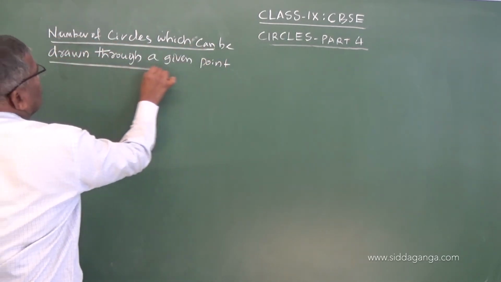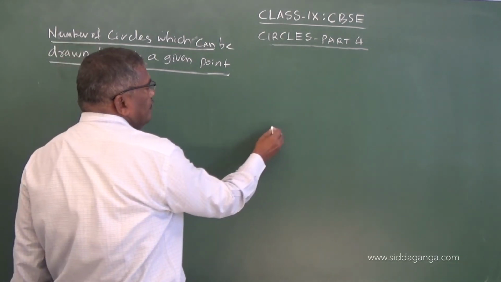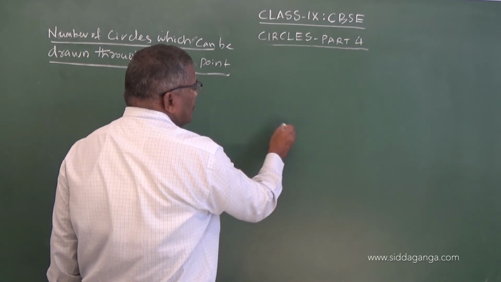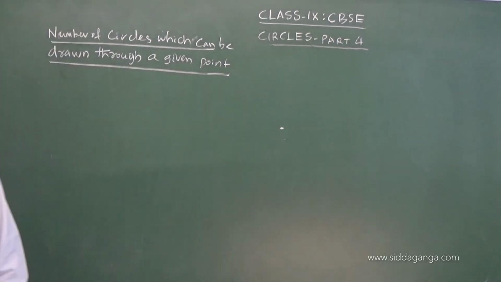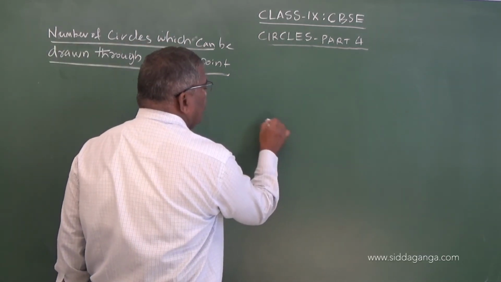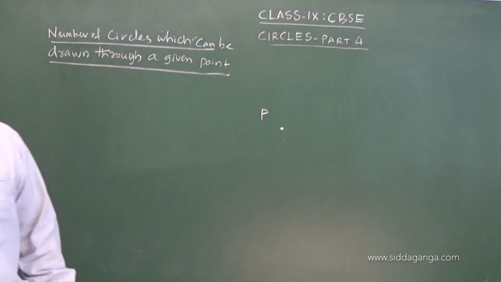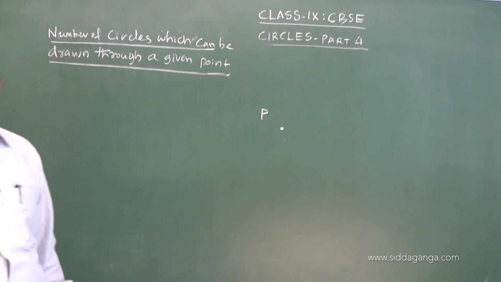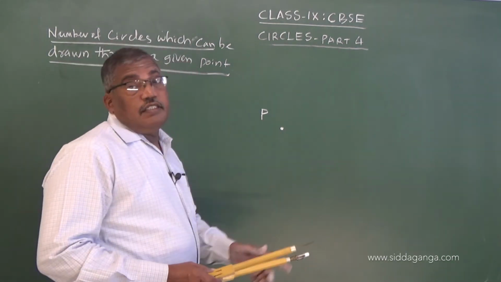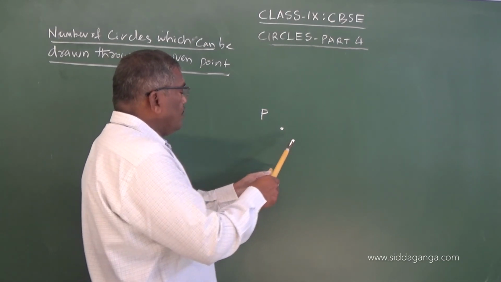So let us understand this. Suppose in the plane, if one point is there, let us say point P. How many circles can we draw through this point, not taking it as the center?